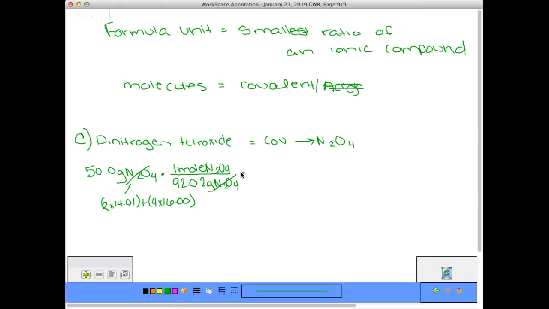So now I have the number of moles, and now to get the number of molecules, I can use Avogadro's number. So I know that for every 1 mole of N2O4, I have 6.02 times 10 to the 23rd molecules.